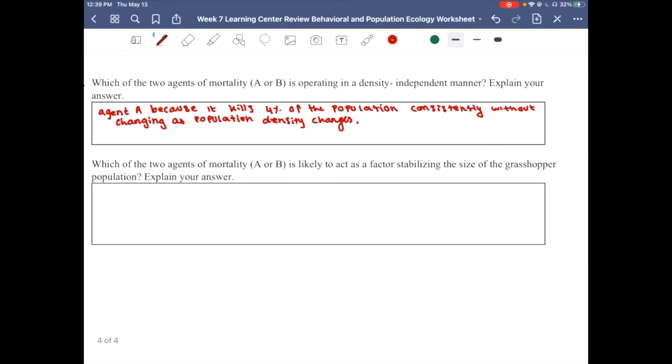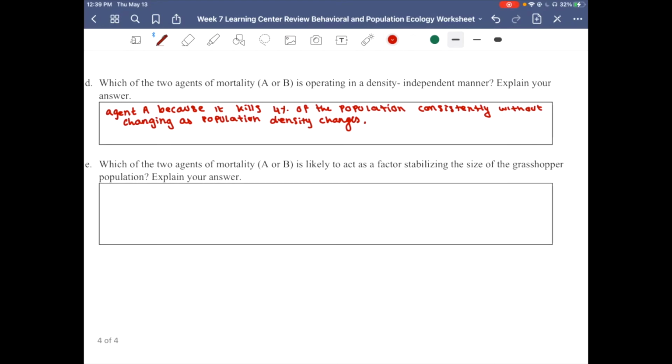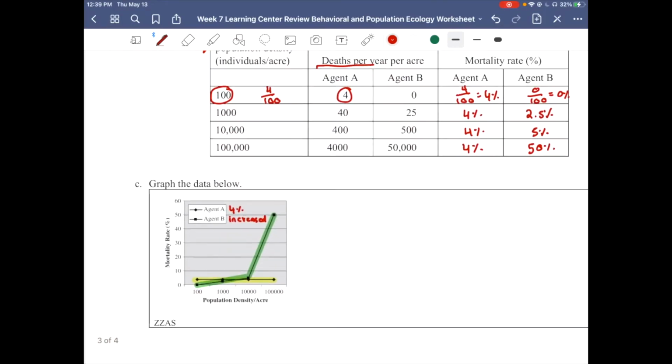Okay, and then which one do you guys think acts as a factor stabilizing the size of the grasshopper population? So which mortality agent do you think tends to stabilize a population? Here's the graph again in case that's helpful.